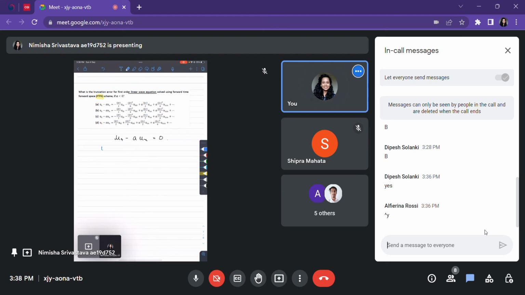FTFS is forward time, so once again, same treatment with time: delta t is minus a into, and u_x is going to be forward space, that is phi at i plus 1 minus phi at i. Agreed on this? This is what the forward space looks like.